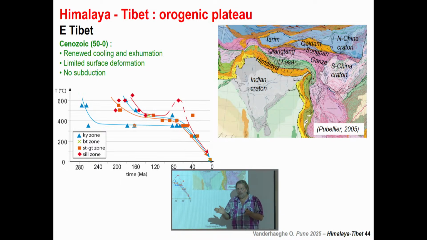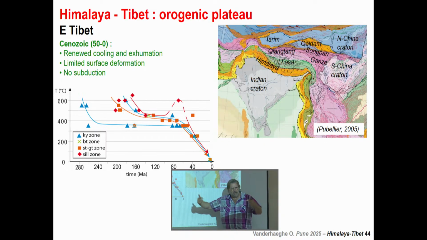A few faults, but nothing comparable to the amount of convergence and thickening that you observe in the Tibet plateau, which goes from 30 kilometers to 60 kilometers. You would need to see structures that account for shortening of 100%, which you don't see. You see only faults that might account for 10% of shortening.